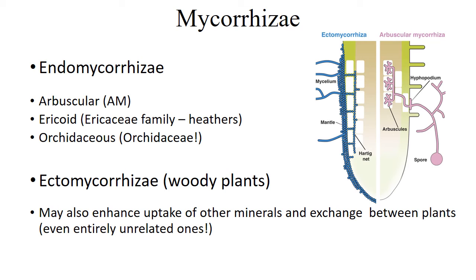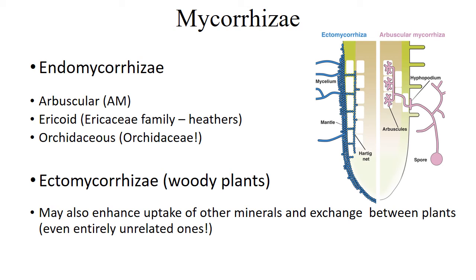And these are an interesting group because some orchids are actually completely dependent on mycorrhizae for seed germination and for growth. Ectomycorrhizae don't actually enter root cells, as I mentioned, but they grow in the intercellular spaces, and they often almost completely sheathe the root tip.